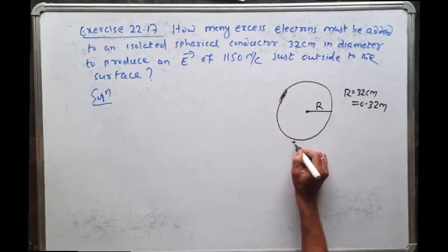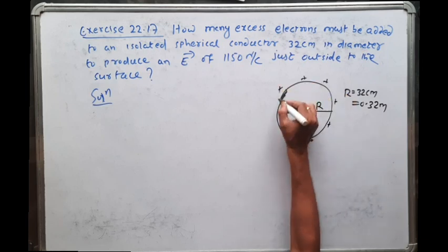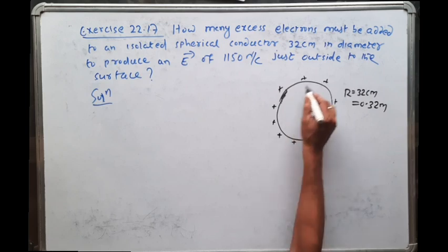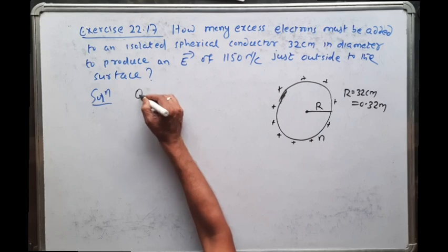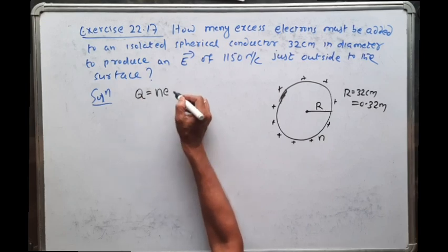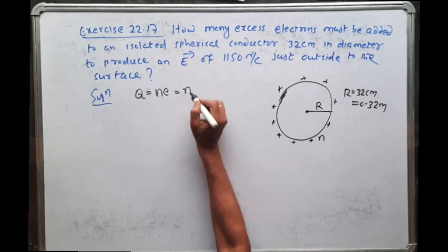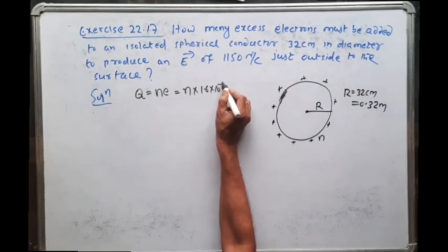So here I have to add some electrons. Let us say n number of electrons are added to this isolated conductor. Then what is the charge of that conductor? Q is equal to Ne. This N we don't know, we have to calculate. And what is e? 1.6 into 10 to the power minus 19 coulomb.